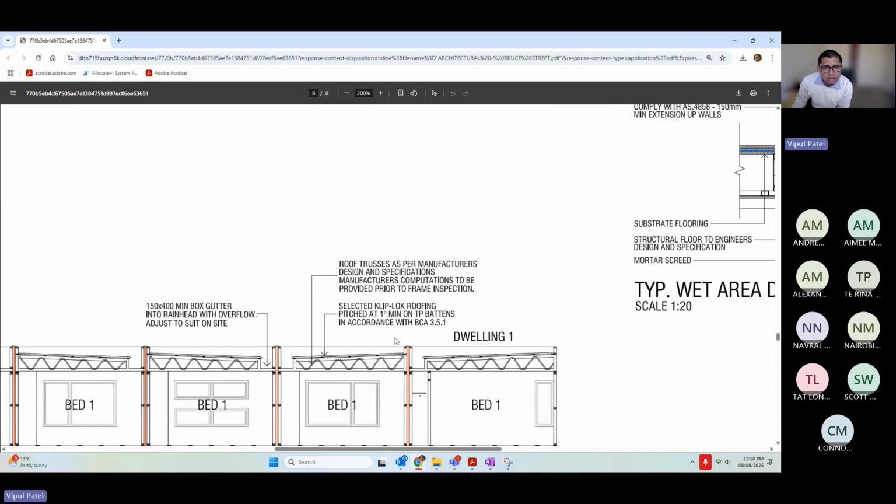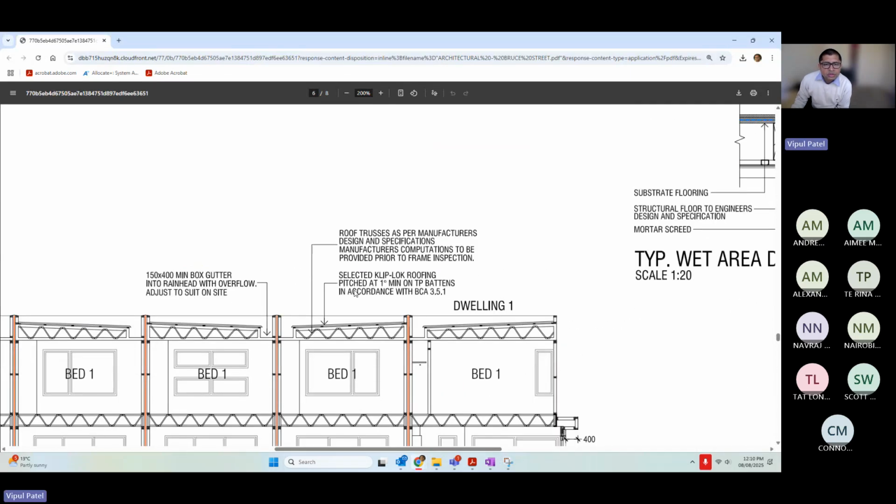Any typical roof will have a roof truss. As you can see, these are the roof trusses. Under the roof truss, there is a plaster board that you're not going to see from the roof. Above this truss, there is a metal sheet. So I hope you understand that the roof has three components. The first component is the sheet, the second component is your truss, and the third component is your ceiling.